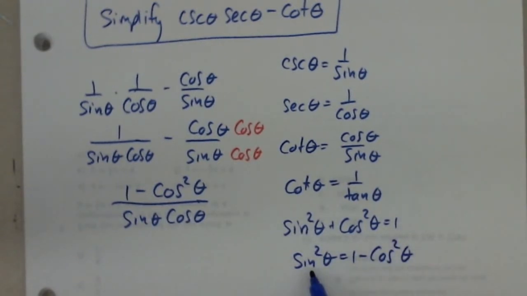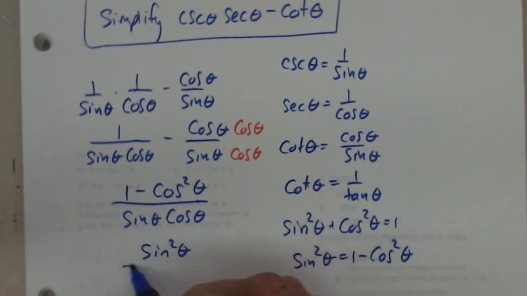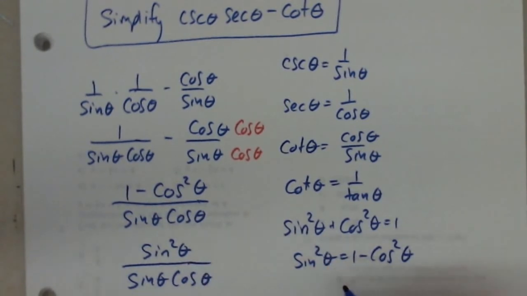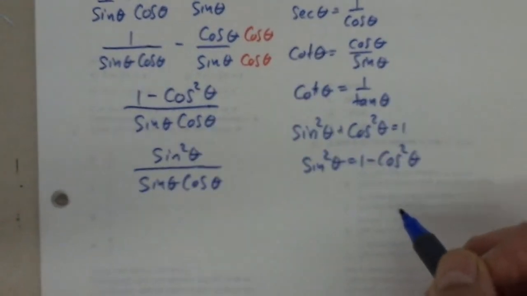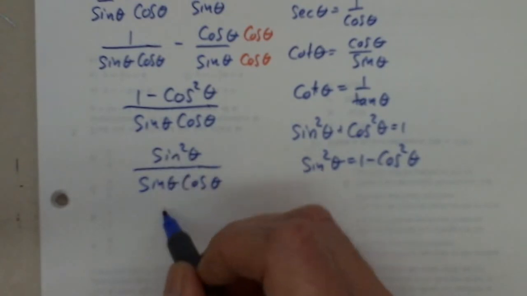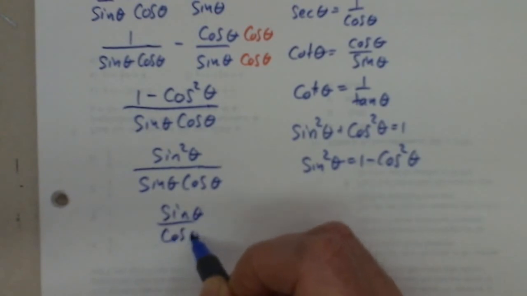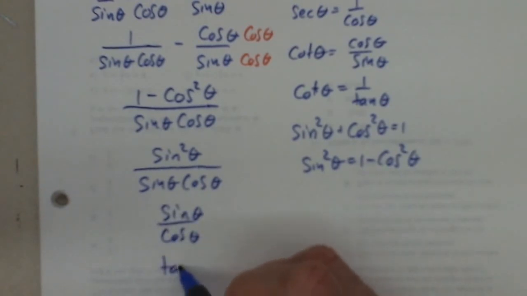We can replace it with sine squared, so this is sine squared. And we can cancel one of the sines, so we'll be left with sine on top, cosine on the bottom, and that is tangent.